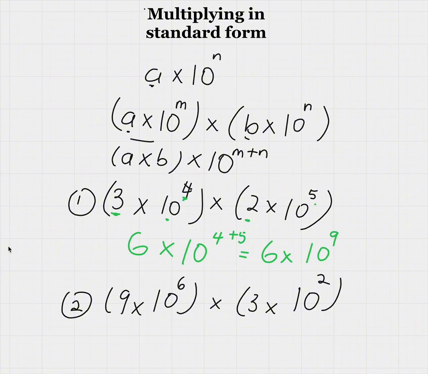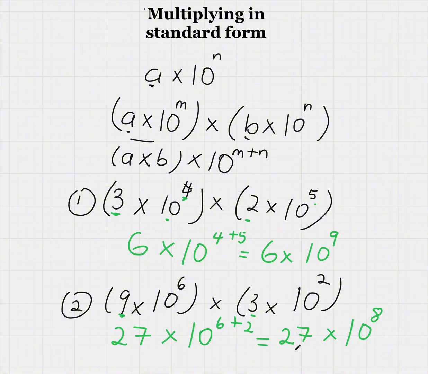If you look at the second example, we follow the same rule. 9 times 3 gives us 27, times 10. If it's times, then we add the powers. So we add 6 and 2, and that will end up giving us 27 times 10 raised to the power 8.